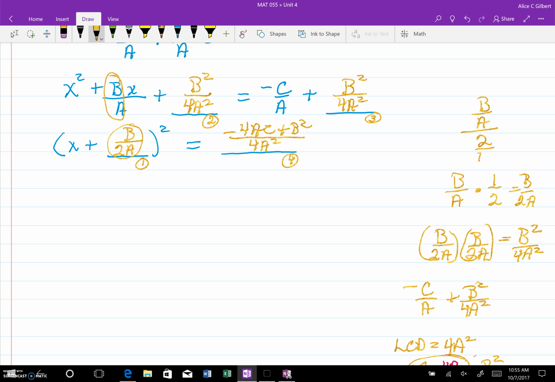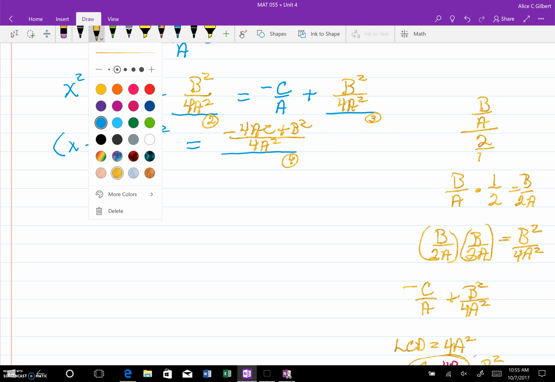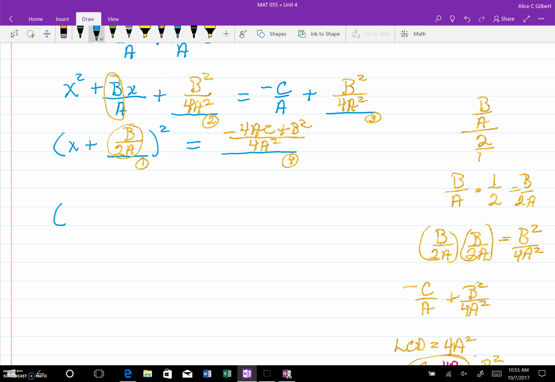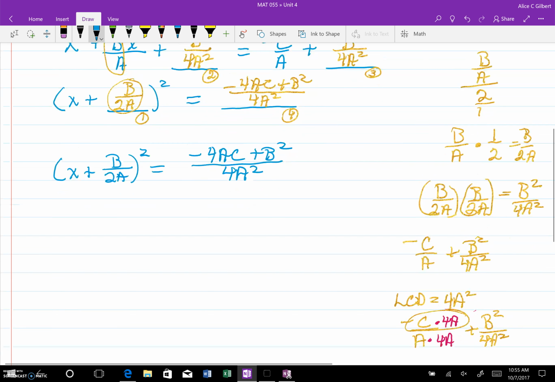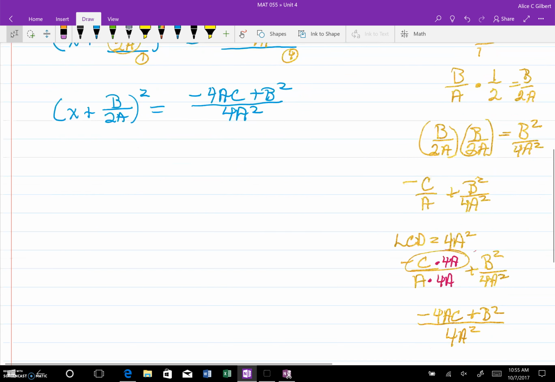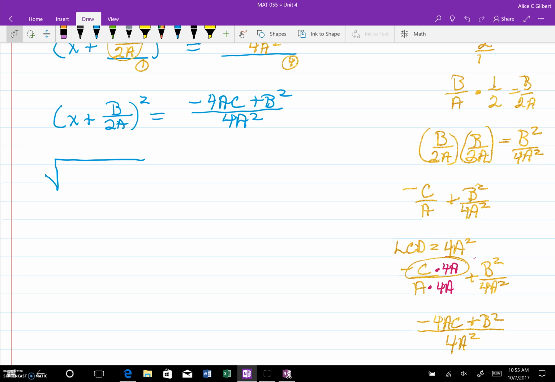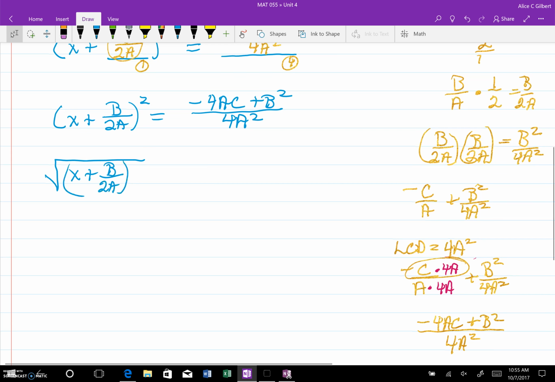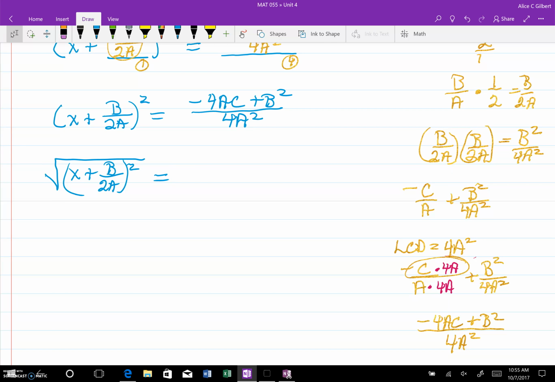Okay, so now it's ready. I'm going to rewrite it so we can see it. So I've got x plus b over 2a, the quantity squared, equals negative 4ac plus b squared over 4a squared. So now I'm ready to use the square root property method. I'm going to take the square root of x plus b over 2a, the quantity squared, equals plus or minus the square root.